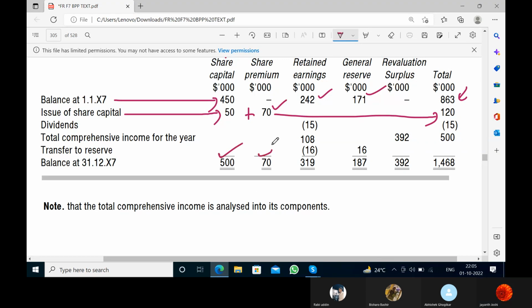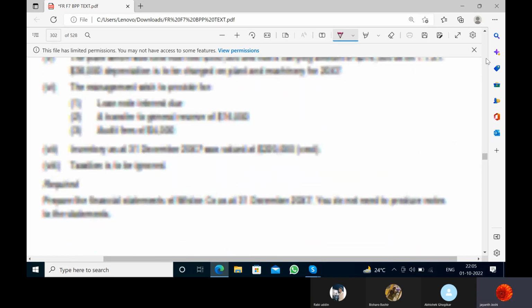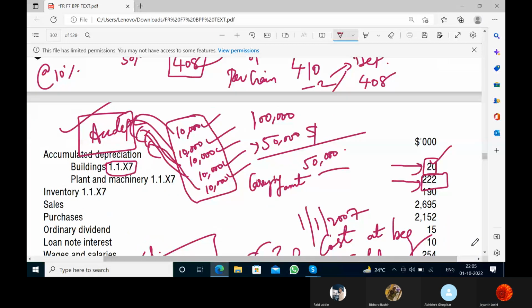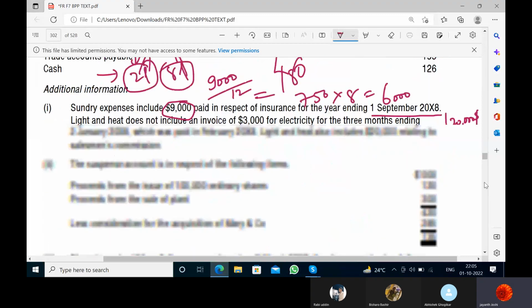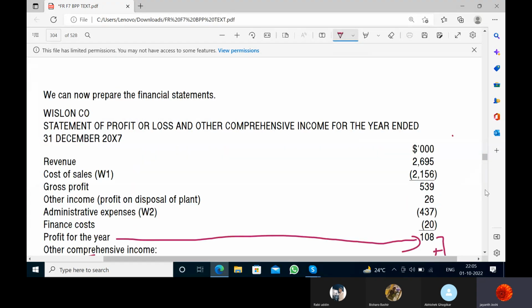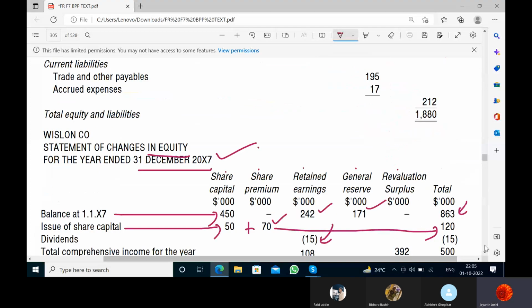This is done. Now the dividend is given to you in the trial balance. The company has paid an ordinary dividend of 15. You can see it here. So this 15 has to be deducted from the retained earnings account. That is the rule. So we subtract the dividends from retained earnings.